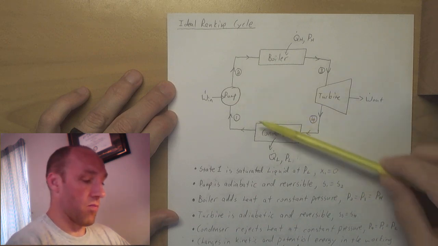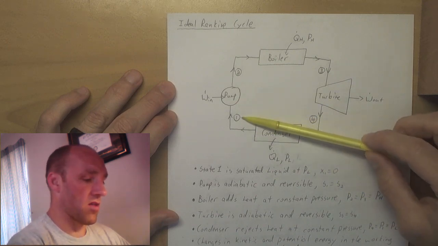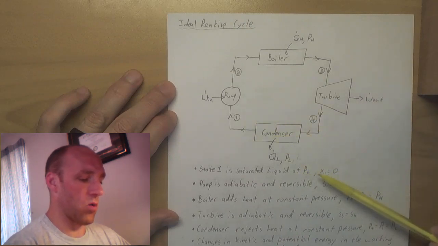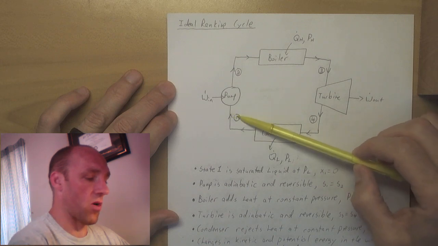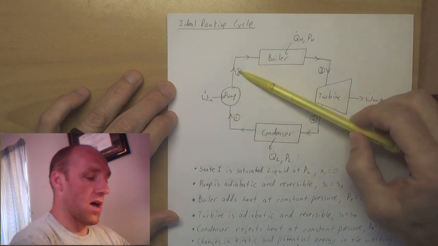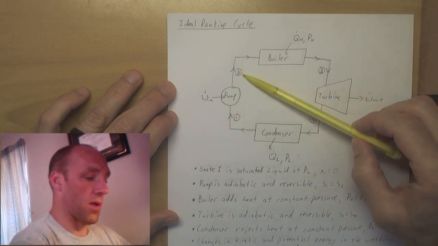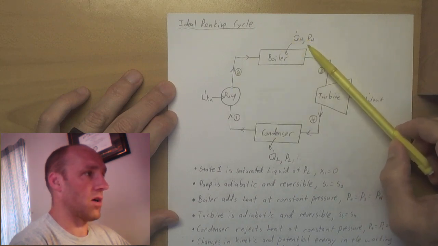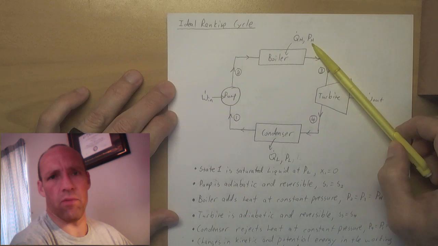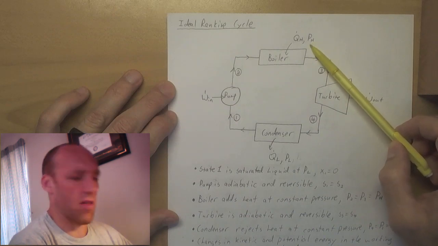All right. So now state one is completely fixed because it has two independent intrinsic properties, right? I know the quality and I know the pressure. So I know the state at state one. I know that the entropy at state two is the same as it was at state one, and ideally I'd have the pressure specified or something like that.